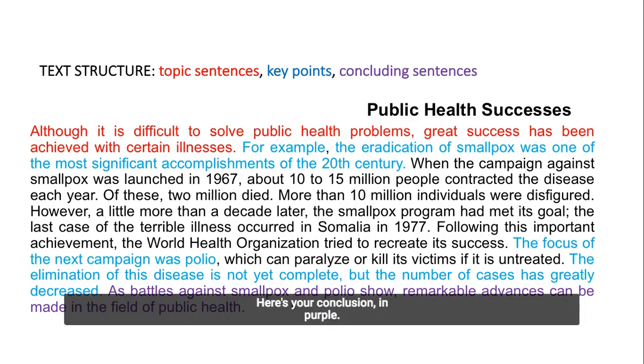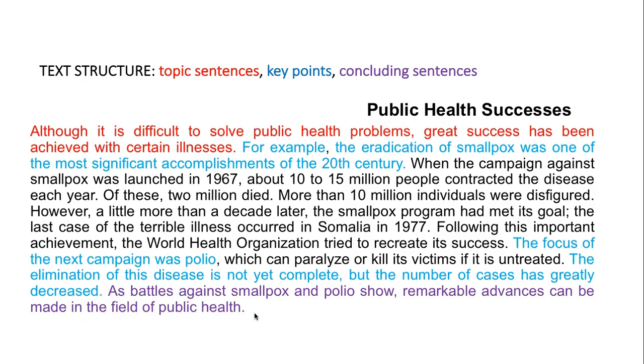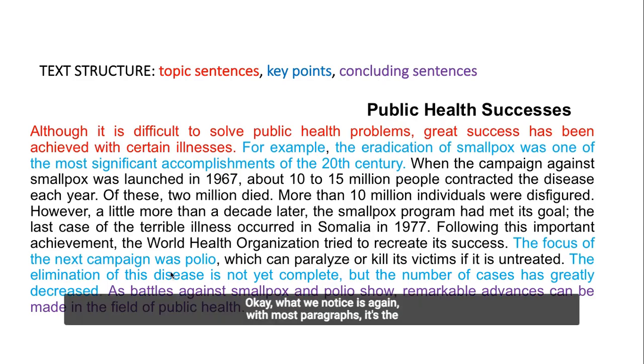Here's your conclusion in purple. Okay, and what we notice is, again, with most paragraphs, it's the beginning and the end of the paragraph that contains key information. So again, when reading quickly for the gist, the main points, it's best to take a careful look at the beginning and the end.